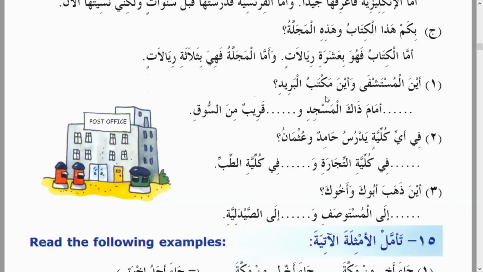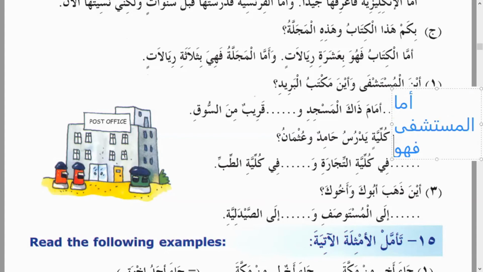أين المستشفى وأين مكتب البريد? Where is the hospital and where is the post office? So أما المستشفى. So we can write if you want. Right? أما المستشفى. As for the hospital, then you have to say فهو or something. Right? Because fa أما المستشفى فهو. Right?